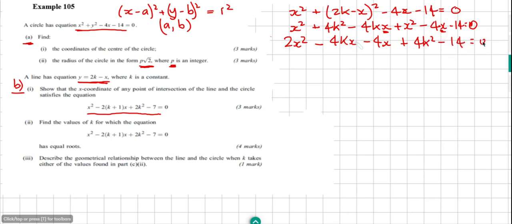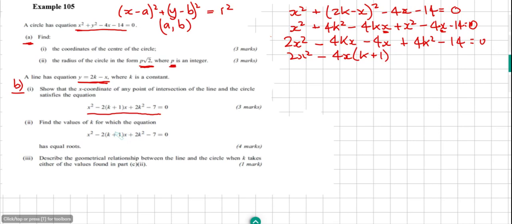So I'm going to tidy this up a little bit. I'm going to factorize the 4kx and the 4x. So I've got 2x squared minus, and I can take out a 4x there. So 4x, and then I'm going to have k plus 1.